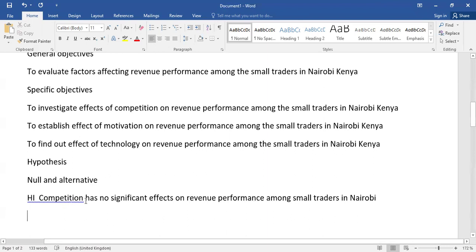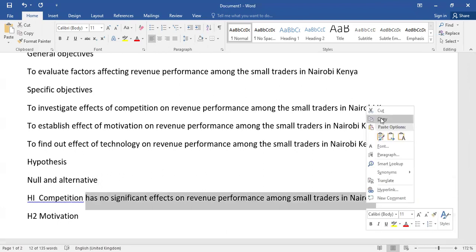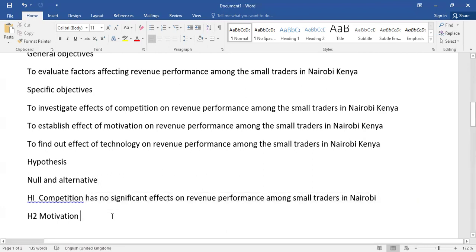Now we state our second hypothesis, whereby we can say motivation also has no significant effect.